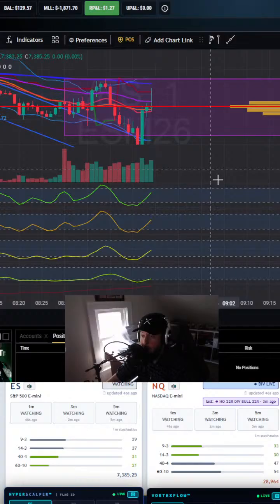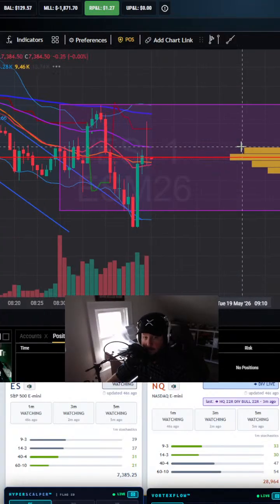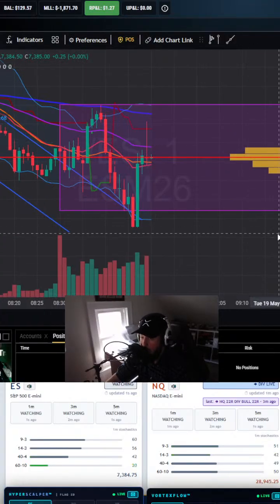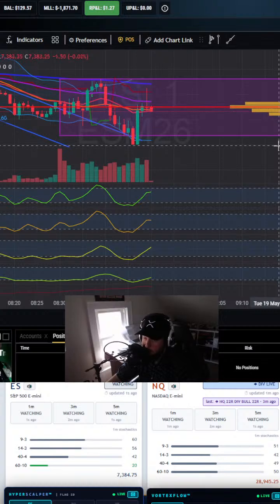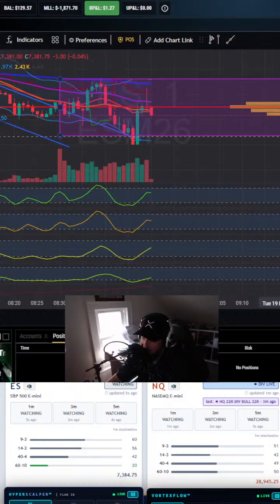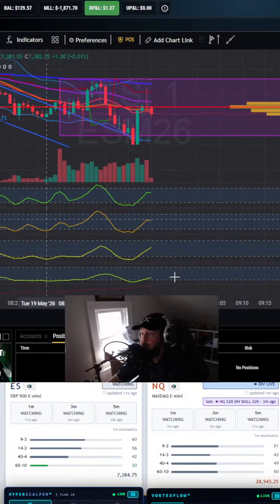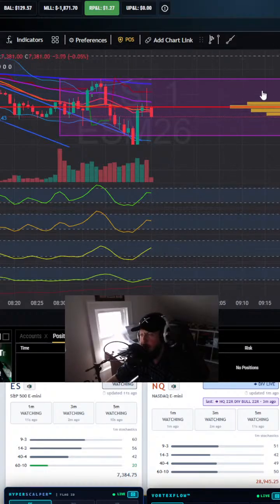Definitely the stochastics work on it, but try paper trading. Open a Thinkorswim account, Tasty Trade or Thinkorswim account, and do some paper trading. Just try these strategies out. I think TradingView has a paper trading account as well that you can get.